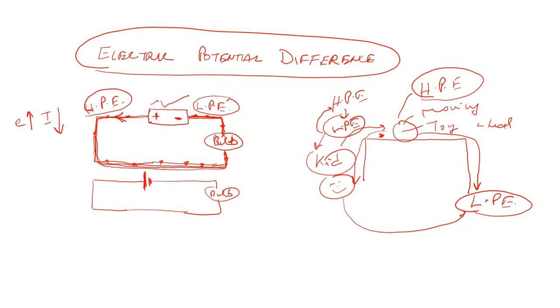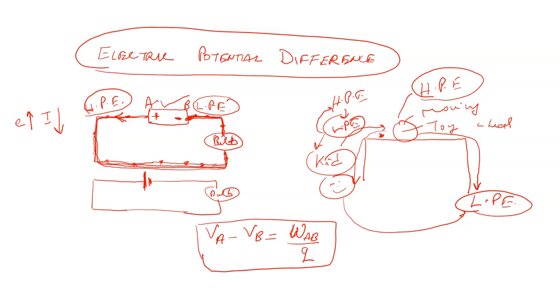Now what is basically this? This is the work done in moving a charge from one position, point A, to another position, point B. This is known as electric potential difference, VA minus VB, the work done in moving a charge from A to B. In electric potential, we say that it is the work in moving a charge from infinity to a particular point in an electric field.